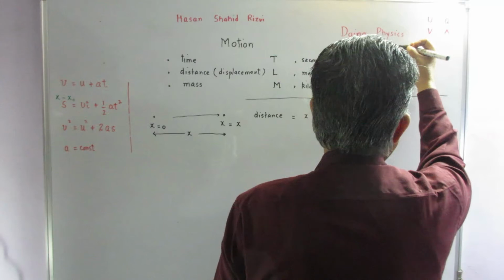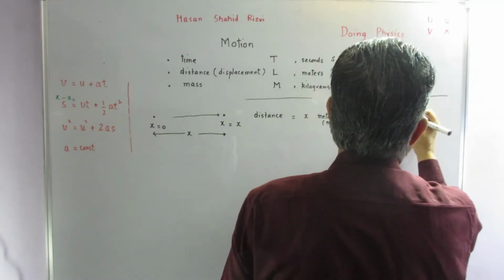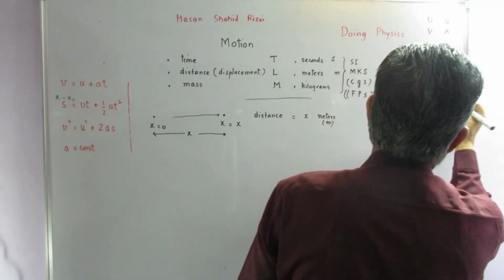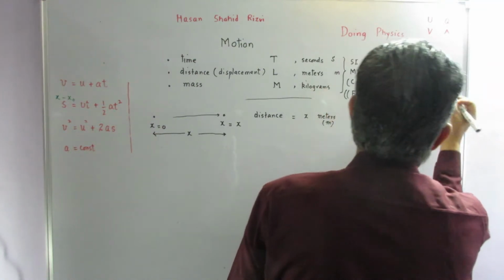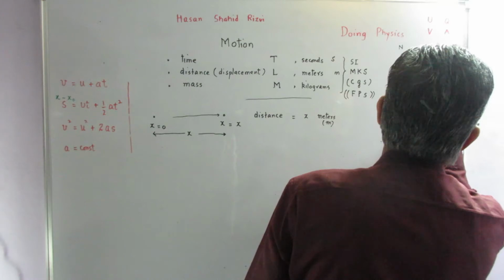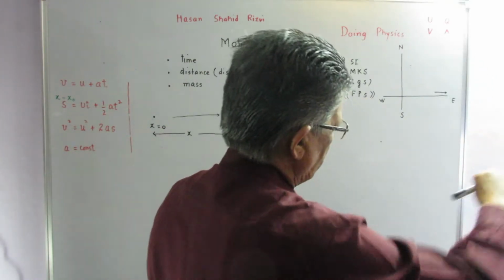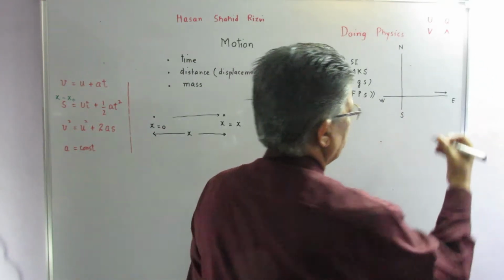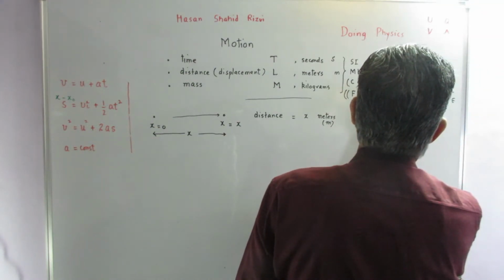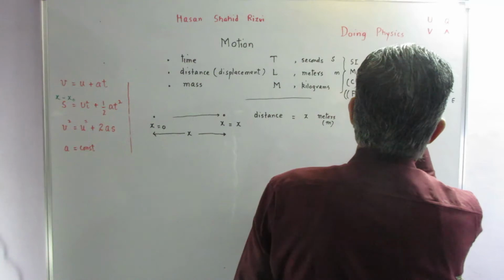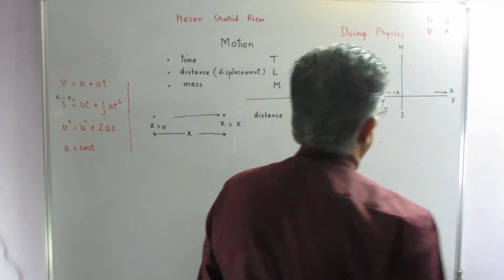Like in geography, this direction is north, this is south, this is east, this is west. So I'll say that this direction right now, which is a horizontal one, is indicating x, and in this direction, of course, if we go in the opposite direction, we show minus x.